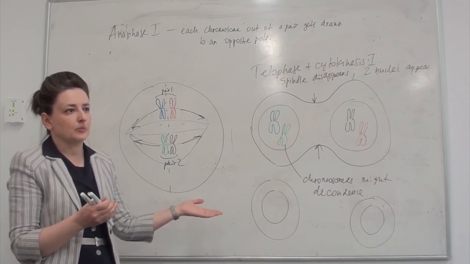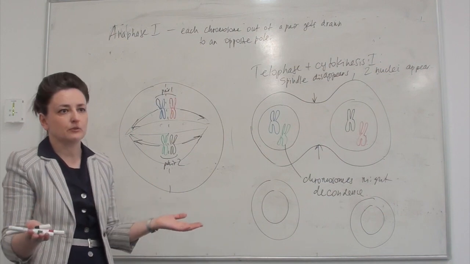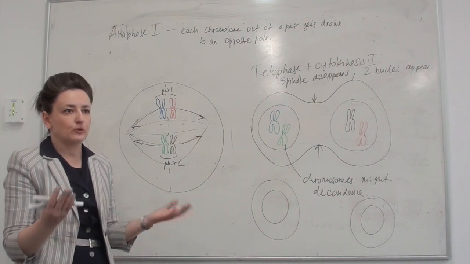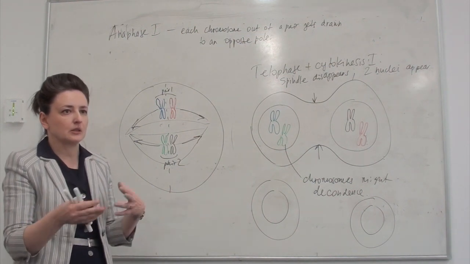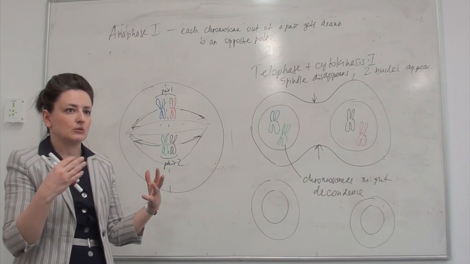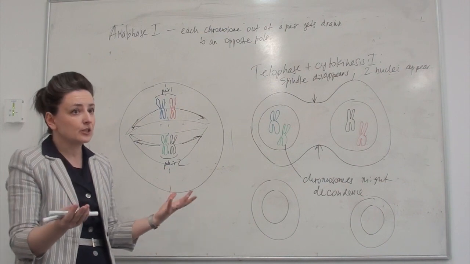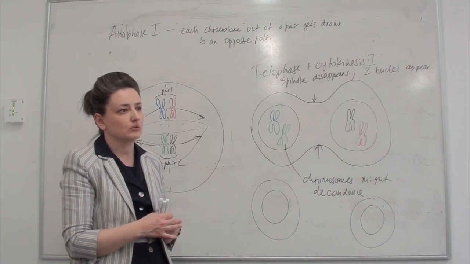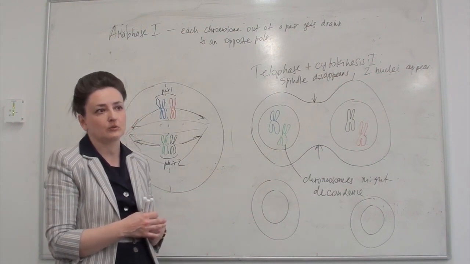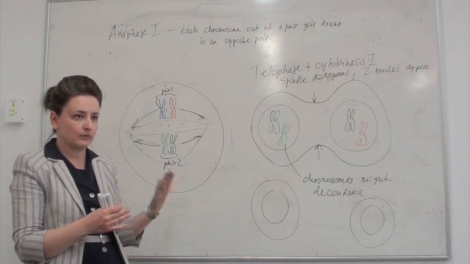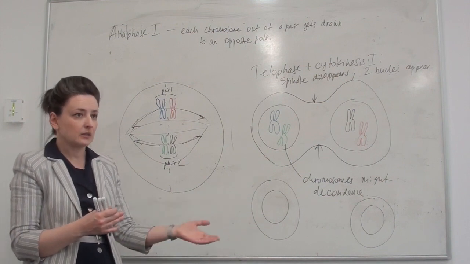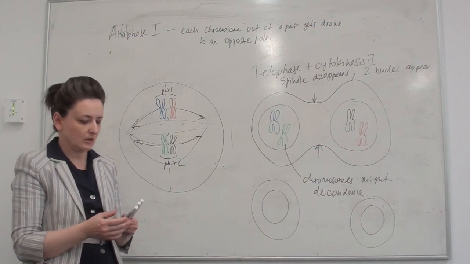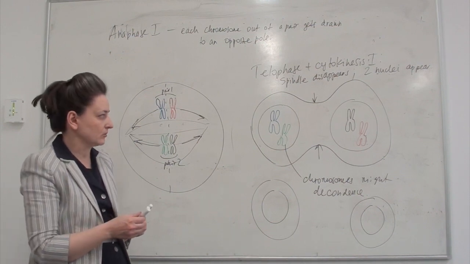Why not just leave it? Because we've seemingly already achieved what we wanted: half the chromosome number, and we also exchanged those fragments and arranged them in random ways to achieve genetic variation. The only issue is each chromosome still has 2 sister chromatids, two lots of DNA, and I need 1 lot of DNA. That's why you then have to do the second division, to separate those sister chromatids and get that sorted.